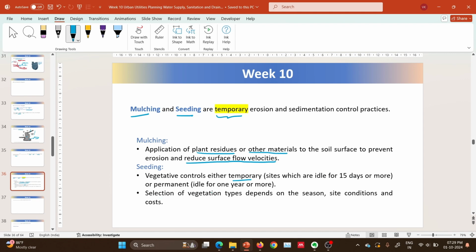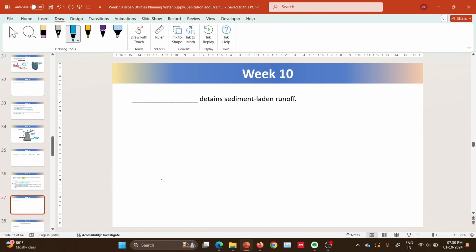The selection of vegetation depends on the season, site conditions and cost. So there are two methods: in mulching we just apply plant residue, and in seeding we grow the plant based on season, site condition and cost.